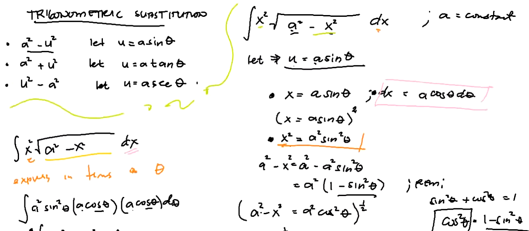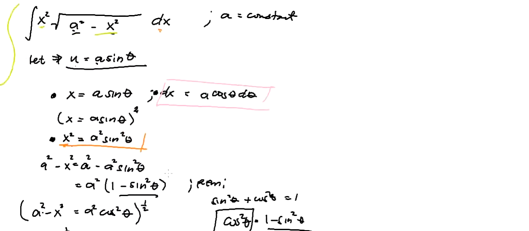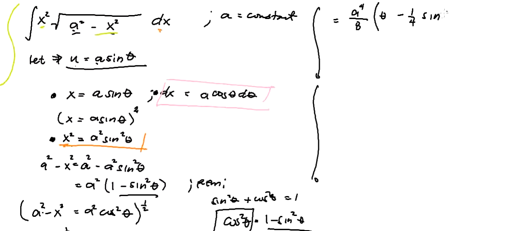So our answer from this integrand is a to the 4 all over 8, then multiplied by angle minus 1/4 sine 4 theta plus c, right? So we need to bring back the value of x.